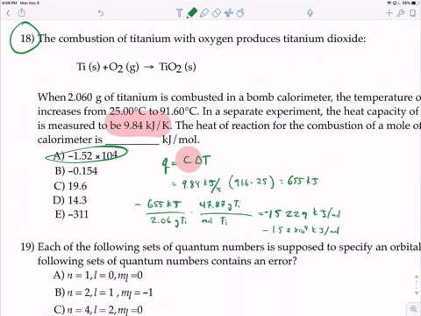So heat flow is heat capacity times change in temperature. You're given the heat capacity, so we figured out that our heat flow is 655 kilojoules. For the heater reaction, that's the heat going into the bomb calorimeter. So that means the heat flow is leaving the chemical reaction.